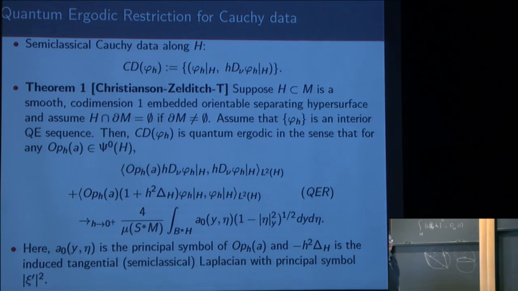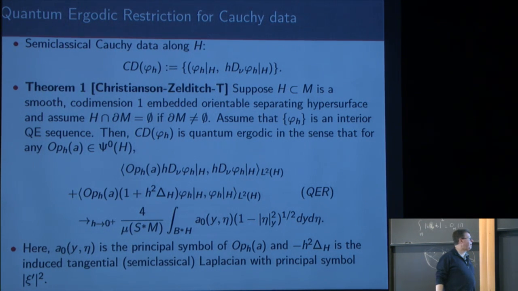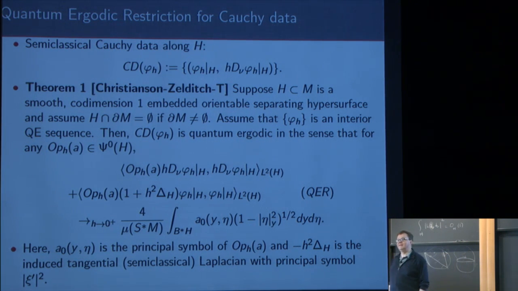Very different. So for phi, an eigenfunction, how does it know about H? These are eigenfunctions which may have large L2 norm restricted to H. That's the power of the function. That's the problem.